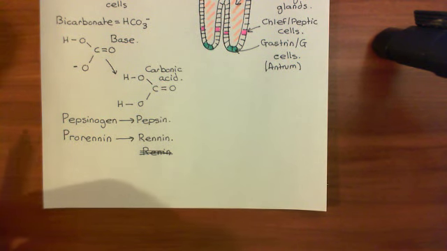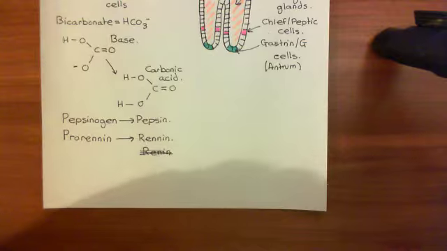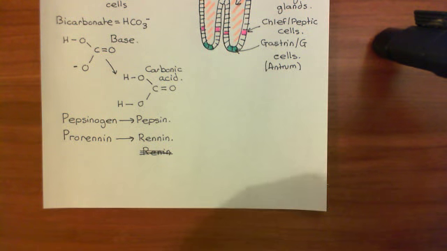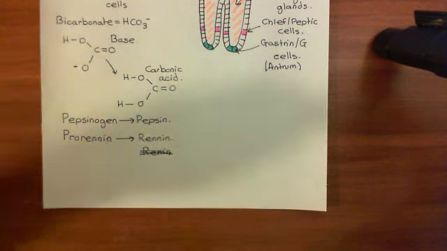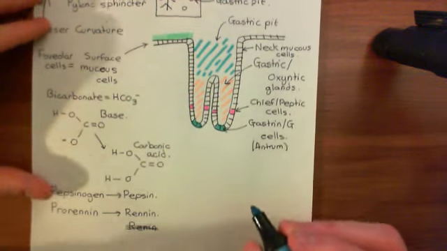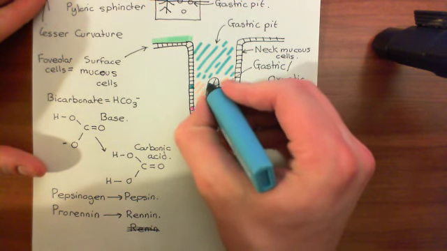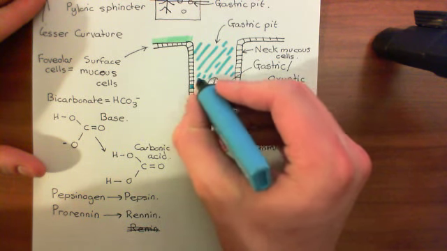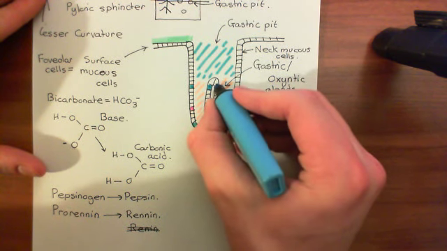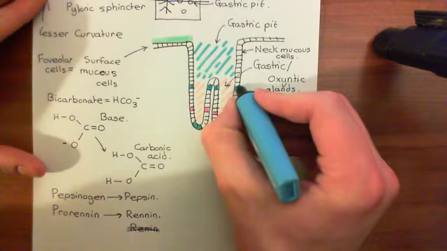The next important cell we need to discuss are the parietal cells. And I'll colour these in not pink, I've already used pink, in blue, I think. So, the parietal cells are quite high up in the gastric glands, so they're almost at the junction between the gastric glands and the gastric pits above.